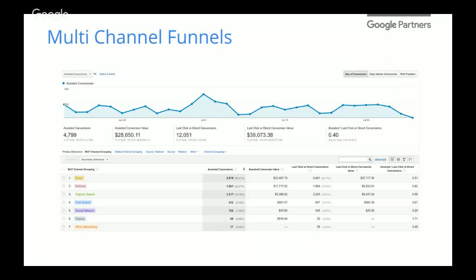This is a useful place to see what your brand campaigns are actually doing for your sales. For example, if a remarketing campaign that may be high in the consideration part of the funnel is not getting a lot of direct conversions, this report will show you what it's doing to the overall picture.